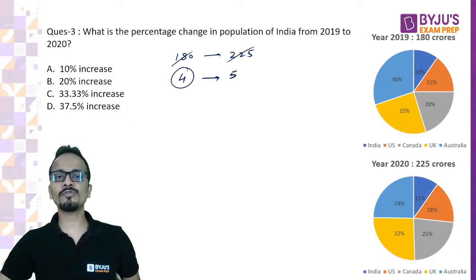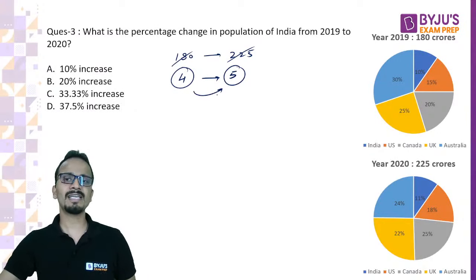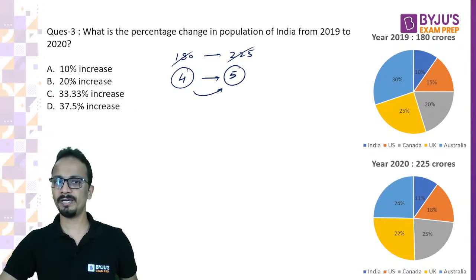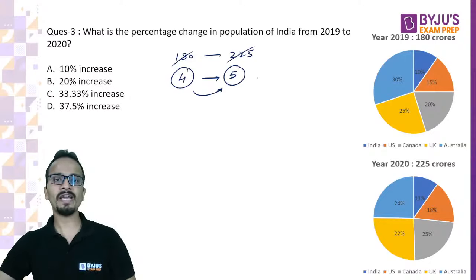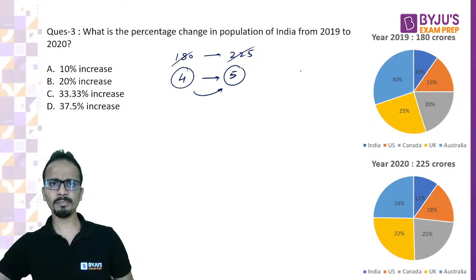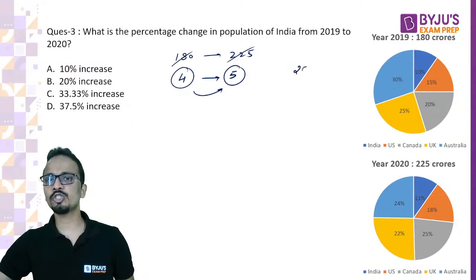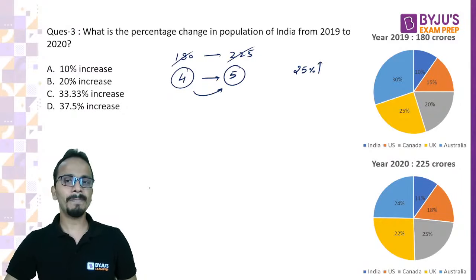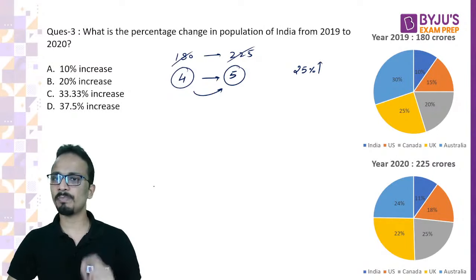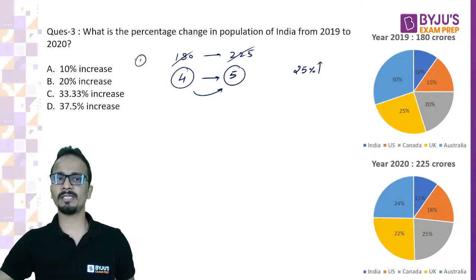So initial value is 4, final value is 5. So 4 से लेके 5 तक कितना percentage change हुआ है? From 4 to 5, what is the percentage change? The percentage change is 1 divided by 4, that is 25 percentage. Okay, so I can say that the base has increased by 25 percentage. All right, this is the first part.